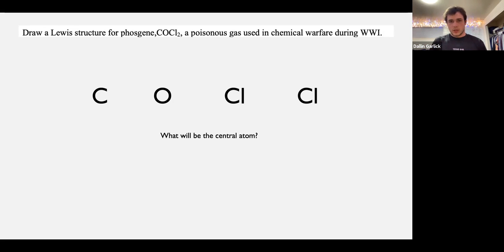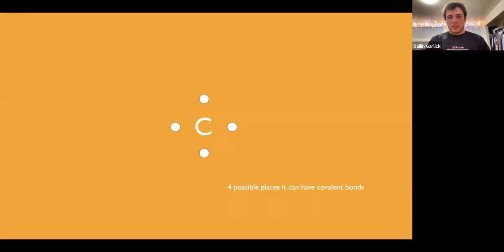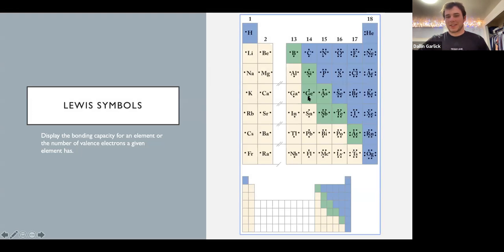The way to know this is whichever one has the least electronegativity. I'm decently drawing a blank, but I believe that's correct. Sorry if it is not, but I believe it is. Electronegativity increases as it goes to the right on the periodic table and up.